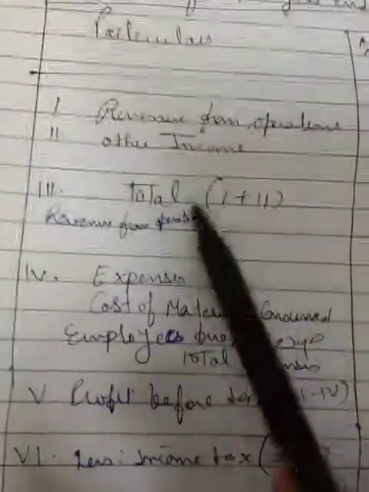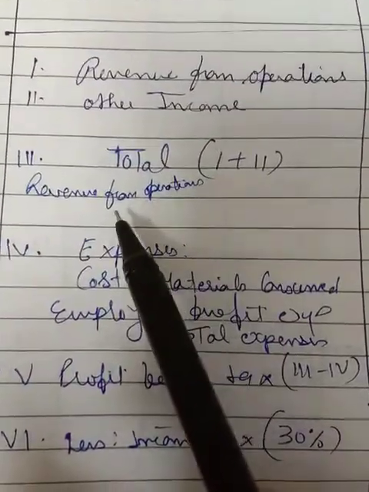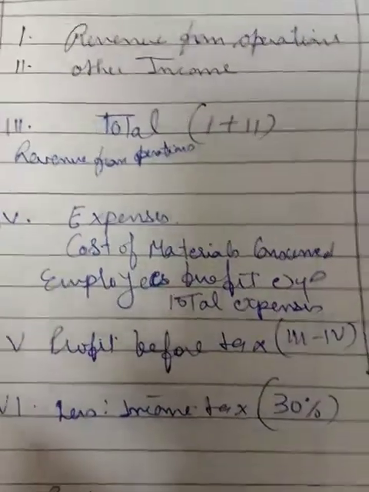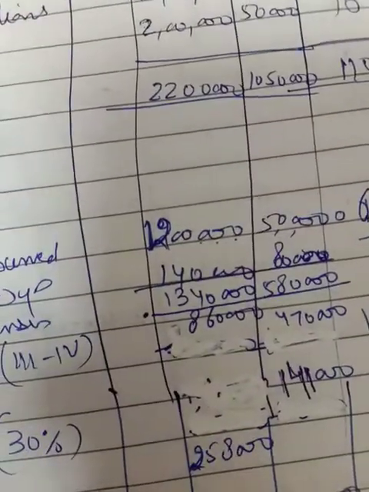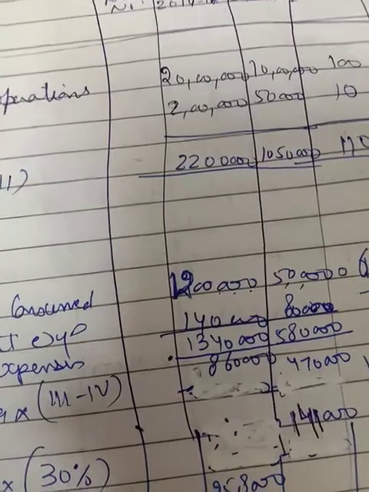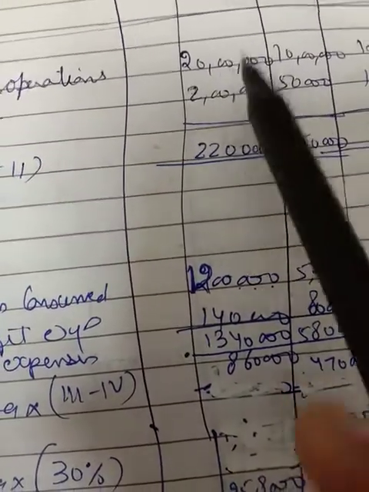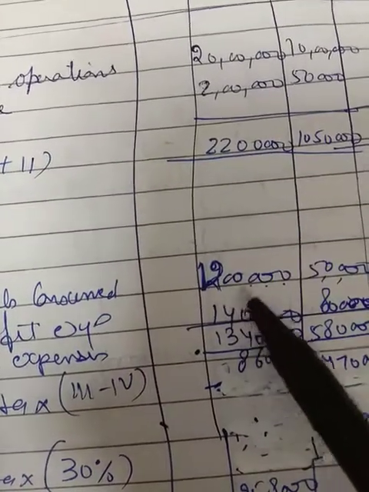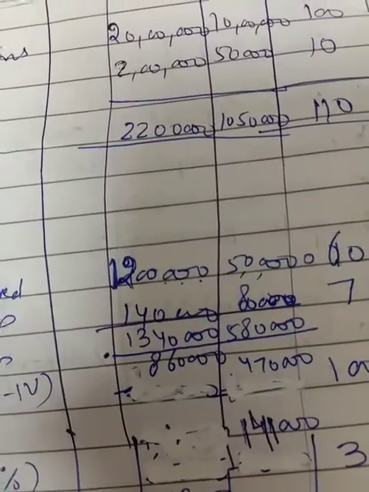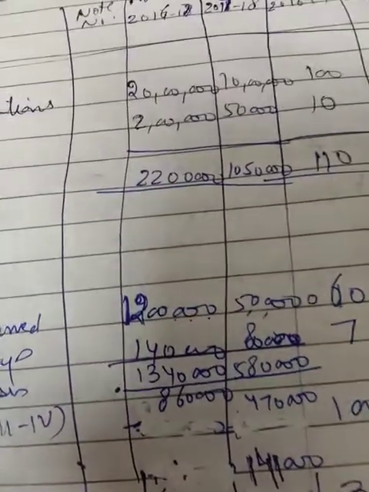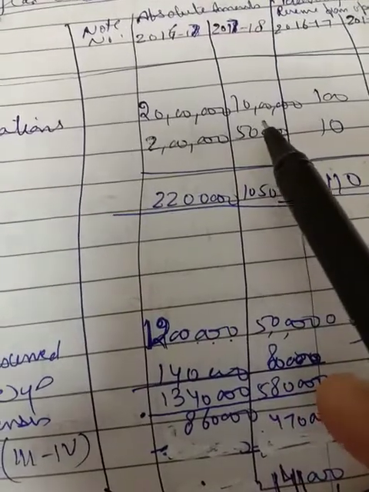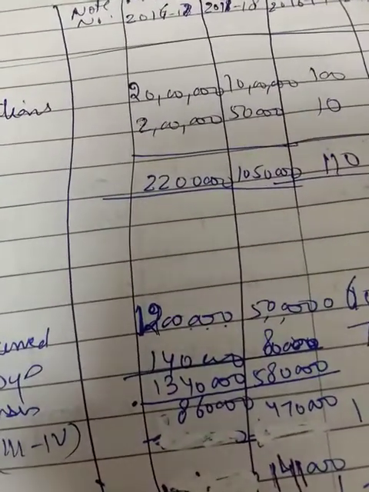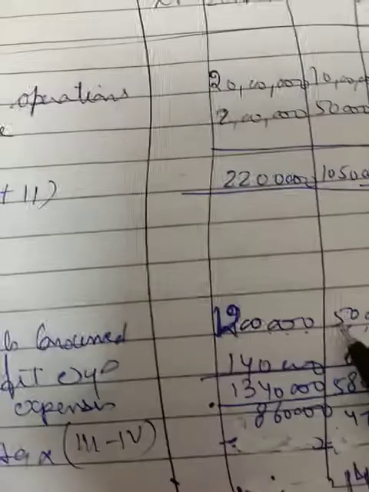So first you have to put revenue from operation, other income, then total 1 plus 2, that is total revenue, and then expenses, cost of material consumed. I have taken 60% of revenue from operation, that is 20 lakh into 60 by 100, you will get 12 lakh. And then for this year, 50% of revenue from operation, so 10 lakh into 50 by 100, you will get 5 lakh.